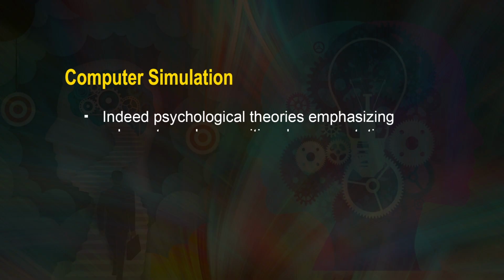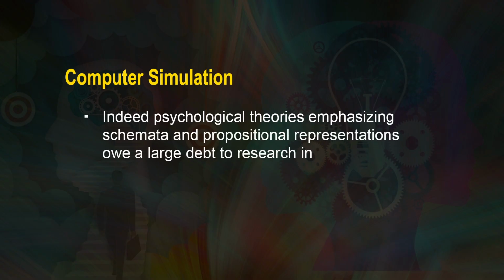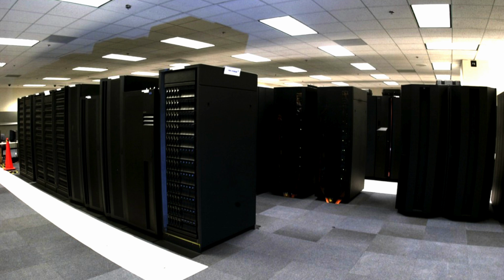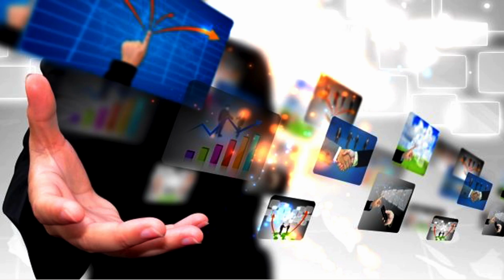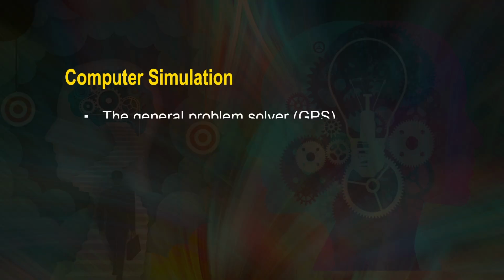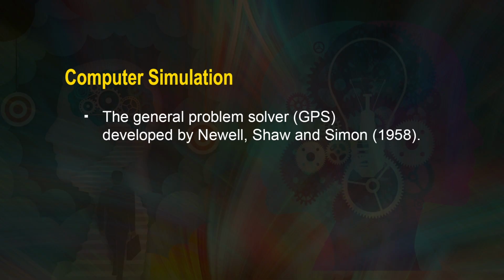Indeed, psychological theories emphasizing schemata and propositional representations owe a large debt to research in computer science, because successful computer simulations do introduce powerful new concepts that are genuine theoretical advances, not just noteworthy technological achievements. We now examine briefly one of the most important efforts at simulations, the General Problem Solver, also called GPS, which was developed by Newell, Shaw and Simon in 1958.